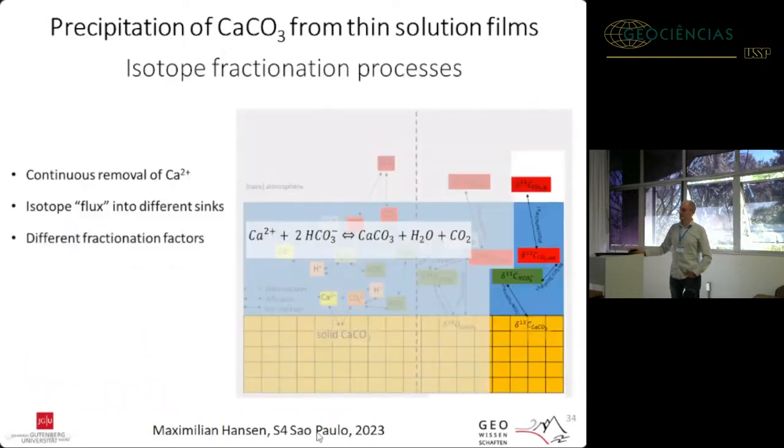So what causes this enrichment is basically isotope fractionation. This is again the plot, but simplified for carbon isotopes. Again, the overall reaction: one calcium ion consumes two bicarbonate ions, forming calcium carbonate, water, and CO2. Isotopically, one of the C atoms will go into the calcium carbonate and the other one will go into the CO2.